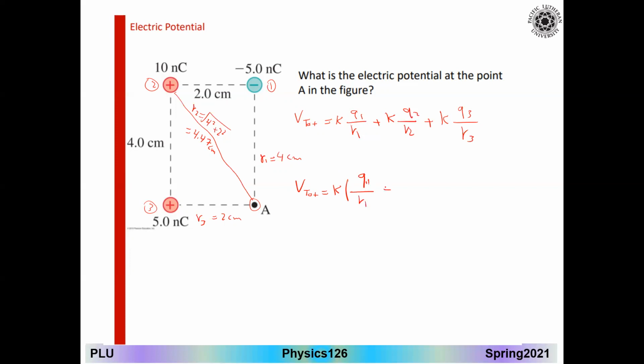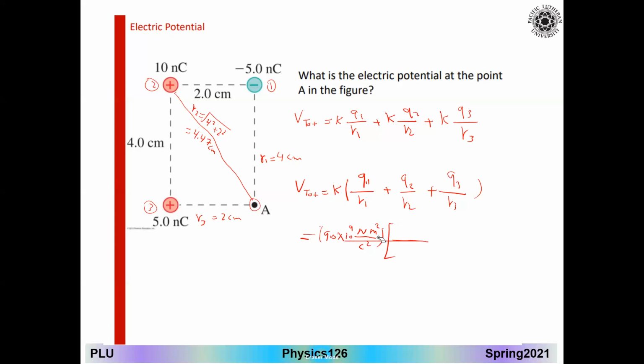Q1 divided by R1 plus Q2 divided by R2 plus Q3 divided by R3. I have the information. K is basically 9.0 × 10^9, with units of newton meter squared per coulomb squared. This is multiplied by Q1.